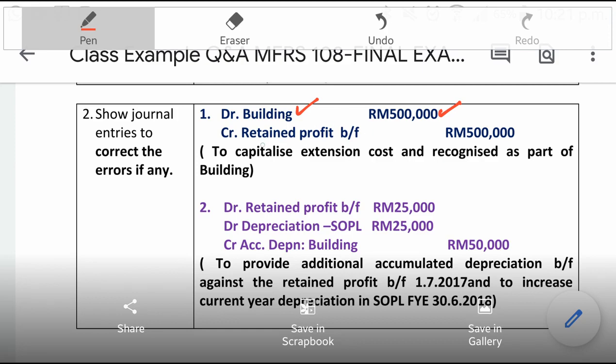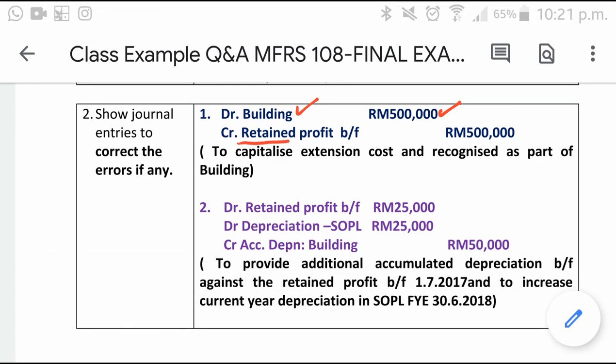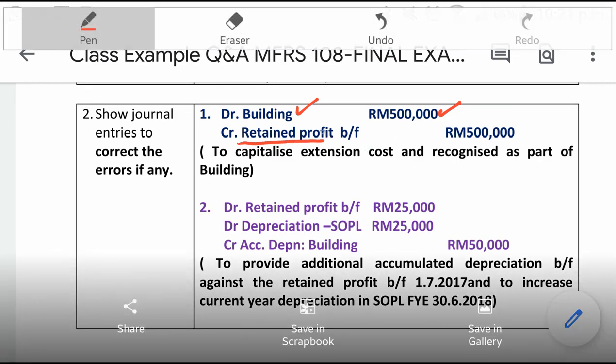So what you need to understand is that the expenses are deducted at the end to arrive at the profit for the year, and that will be in the retained profit in the statement of changes in equity. So that retained profit that contains the expenses is the one you need to restate or adjust. Earlier you debited the expenses, so when you debited the expenses, you actually reduced the profit, right?